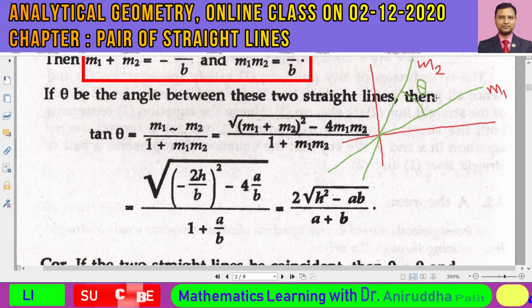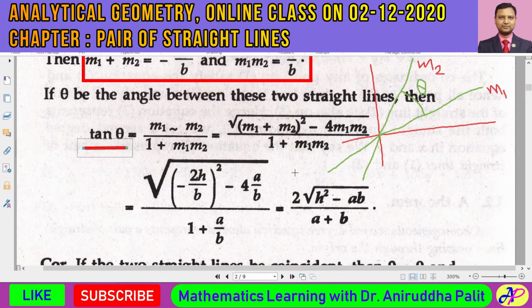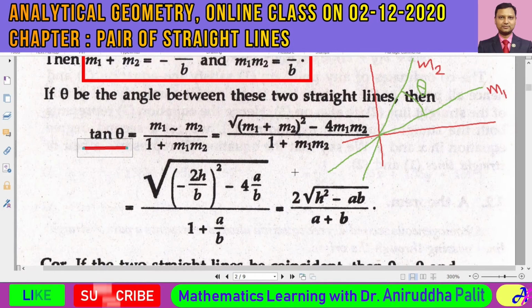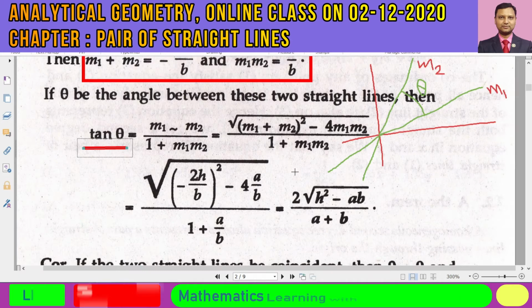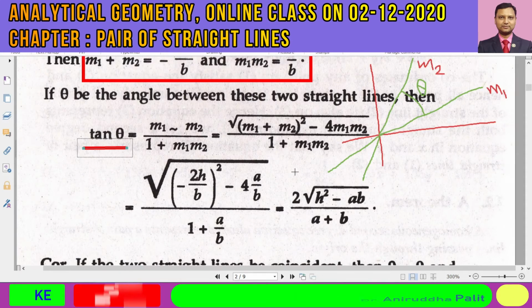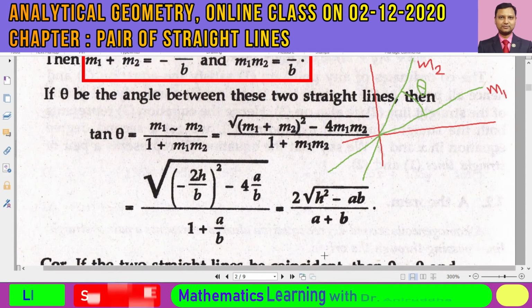You see over here, if theta becomes 90 degrees or pi by 2, in that case tan theta would be plus infinity or minus infinity. Actually, tan theta is undefined as theta tends to plus or minus pi by 2. Sometimes somebody calls it infinity, but this is an undefined quantity.